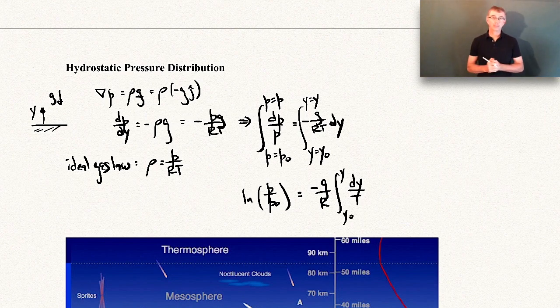Now, the temperature does in fact vary with altitude, and you probably have some experience with this. If you've ever gone into the mountains, you know that the higher you go in elevation, the colder it gets, right? Or if you've gone flying in a commercial jet, a lot of times they now have little LCD panels in front of the seat that tell you how fast you're going, what your altitude is, and where you're located, but they also tell you the temperature, and you'll notice that the temperature outside is often really cold when you're up at altitude.